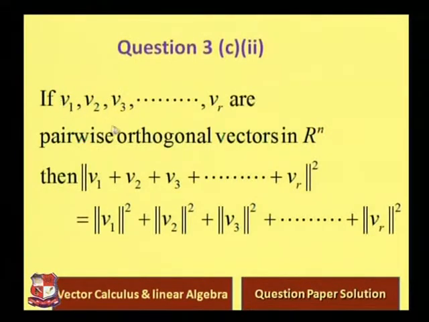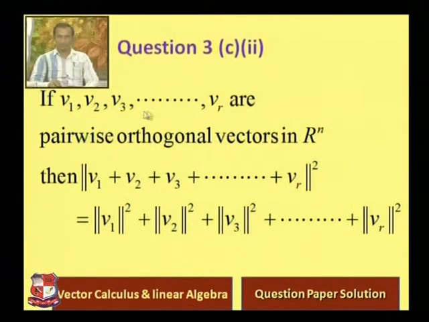If v1, v2, v3, up to vr are pairwise orthogonal vectors in Rn, that means the dot product of v1 and v2 is 0, v2 and v3 is 0, v3 and v4 is 0, and similarly v1 and v3 is also 0.